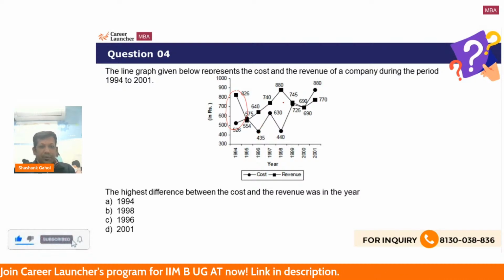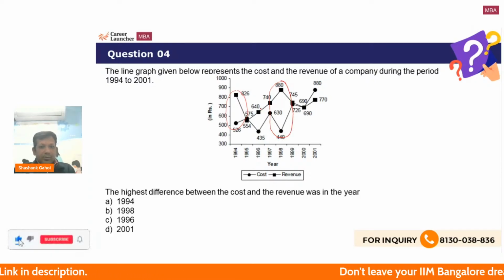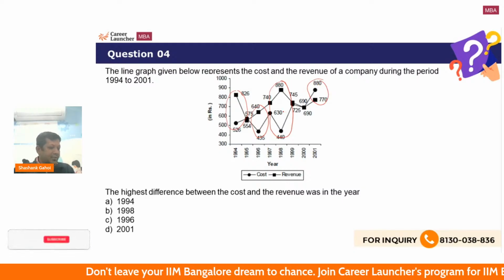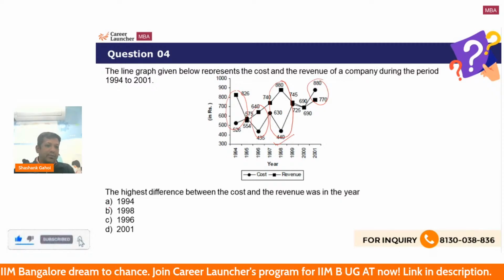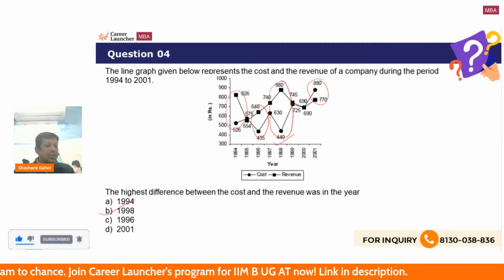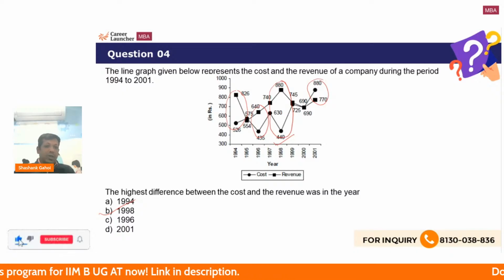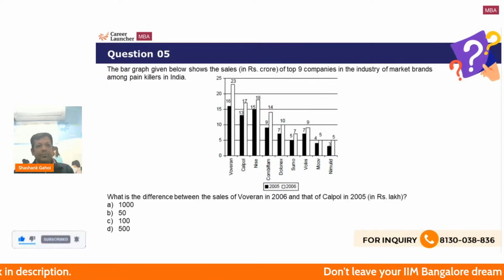That is 1994. 1998 difference is this much. 1996 difference is this much. And 2001 difference is this much. Where you can see the largest difference, that's definitely going to be 1998. Clear cut question and clear cut answer. Nothing to solve. You are not supposed to calculate the differences. This one.